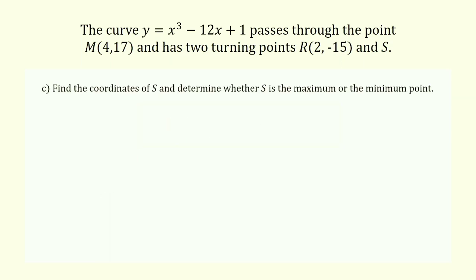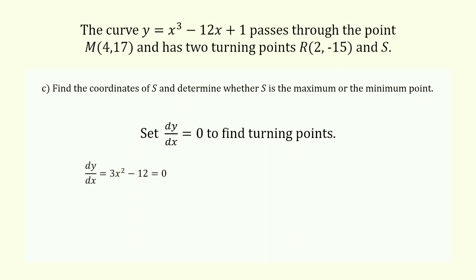Finally, for the last question, we have to find the coordinate of S and determine whether S is the maximum or the minimum point. We know that S is one of the turning points, so we can use the formula dy/dx equals 0 to find the turning point. We know that dy/dx is 3x² minus 12, so it will be 3x² minus 12 equals 0. And when we use the quadratic factoring formula, we will get that x equals negative 2 or x equals 2.